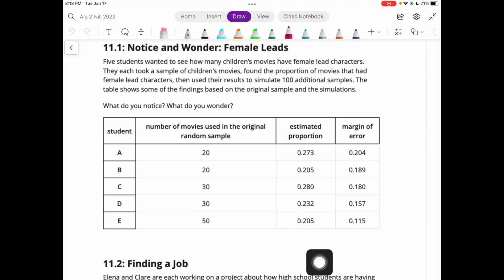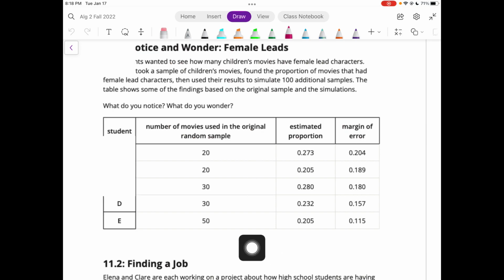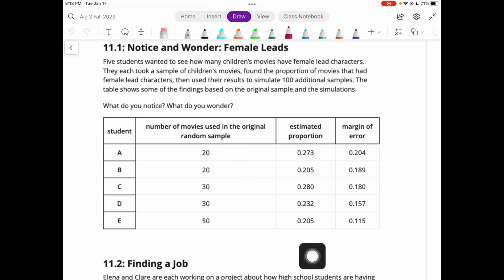So some things you might notice: all of these estimates are between 0.2 and 0.3. As you increase the number of movies, the margin of error decreases. There doesn't seem to be a pattern between the number of movies and the estimated proportion.